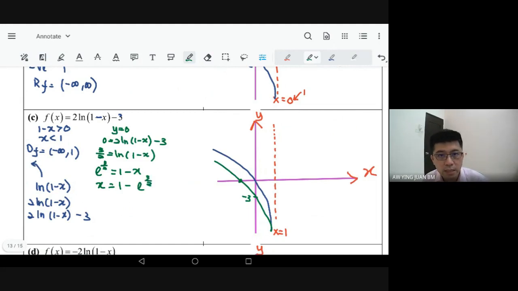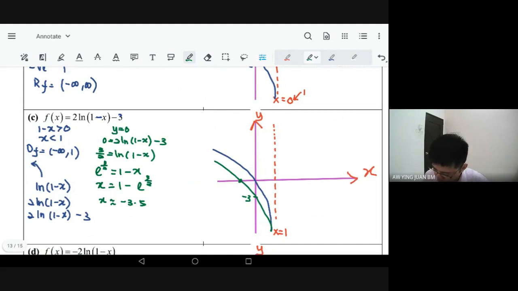So you need to press the calculator to get the value. For example, 1 minus exponent, okay, and then power of 3 over 2. Then what do we get? We get negative 3. Can? Approximately, x approaching negative 3.5 or so, after you press the calculator.